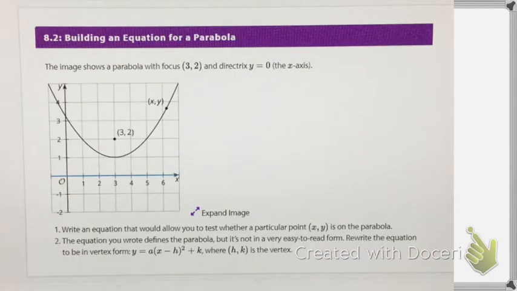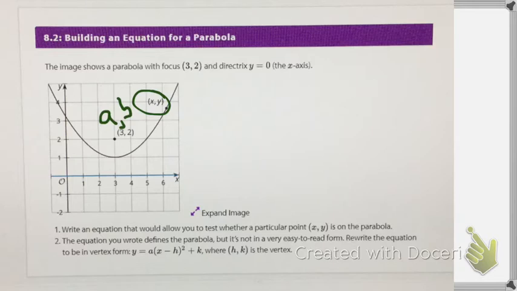All right. So now, how do we build out the equation? We're just going to write this one out. We've got A and B there, that focus point. And then over here, we've got our x's and y's. There's our directrix line.